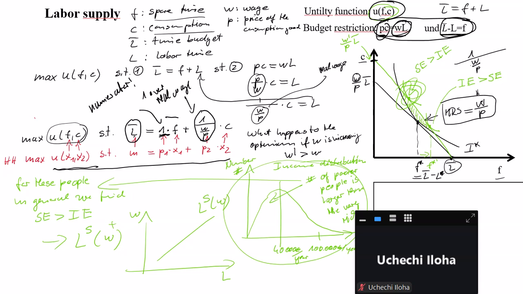And the price of consumption is given by 1 over the real wage.